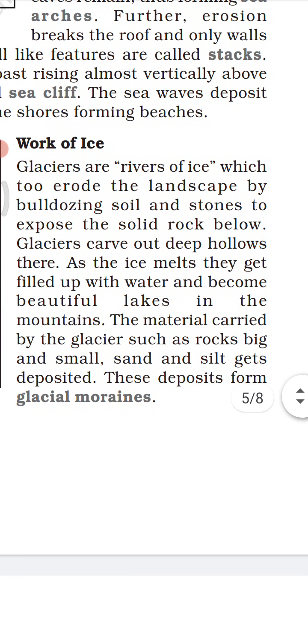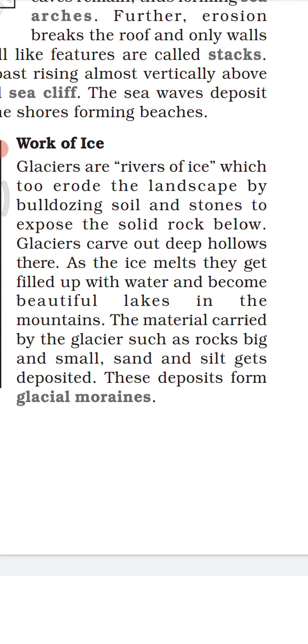When these ice blocks strike against the ground, they break down the hard material, the rocks on the way, and dig the areas around.